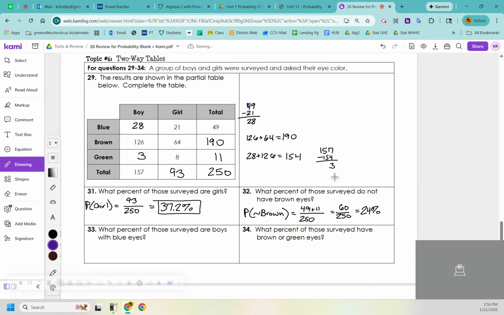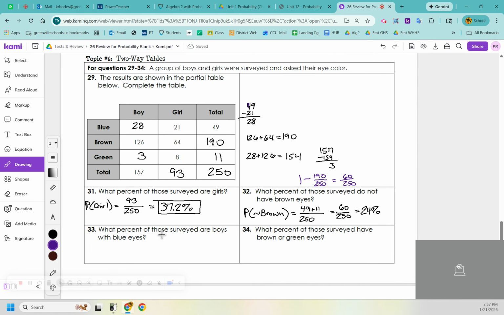Again, another way you could do it is just 1 minus the brown, 190 over 250. Would also get you 60 over 250. So, however you want to do it, it doesn't matter. It'll still give you 24%.